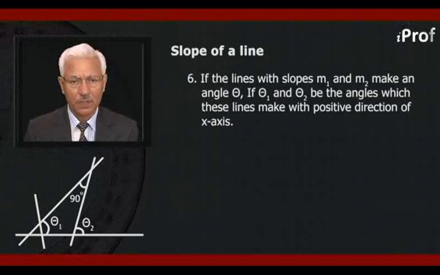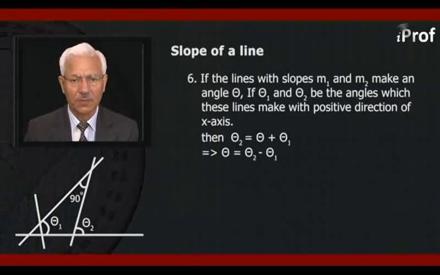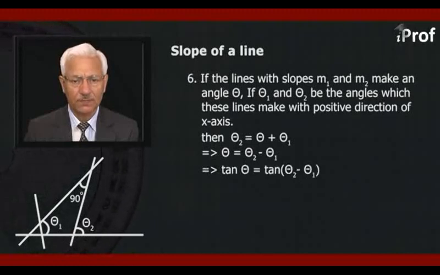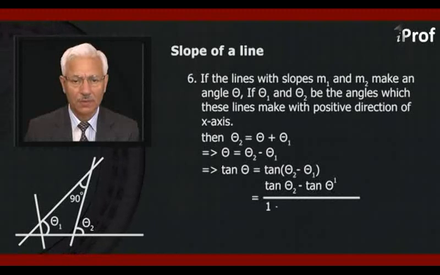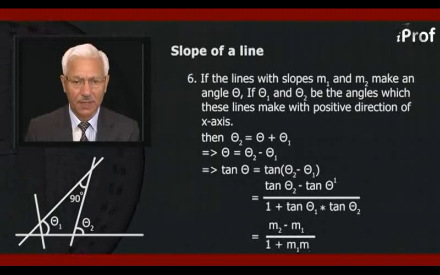Thus we observe theta 2 equal to theta plus theta 1, which implies theta equal to theta 2 minus theta 1. That is, tangent theta equal to tangent of (theta 2 minus theta 1), which is further equal to (tangent theta 2 minus tangent theta 1) upon (1 plus tangent theta 1 into tangent theta 2). Giving values, we get (m2 minus m1) upon (1 plus m1 m2).